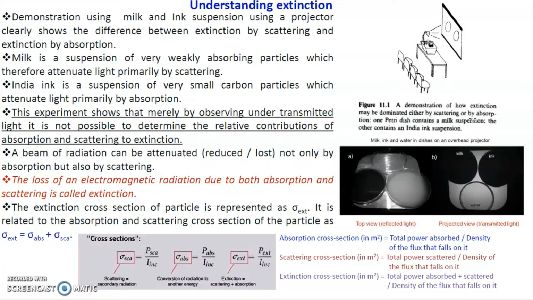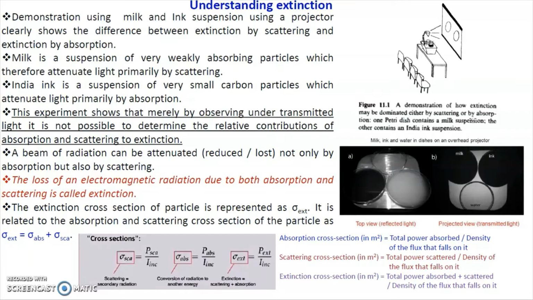Now before going directly to the optical properties of nanoparticles, one important aspect we have to understand, which is called extinction. Basically, this slide which you are looking at is useful to understand extinction. Now you are all familiar with the common terminologies like absorption, transmission, reflection, scattering, right?